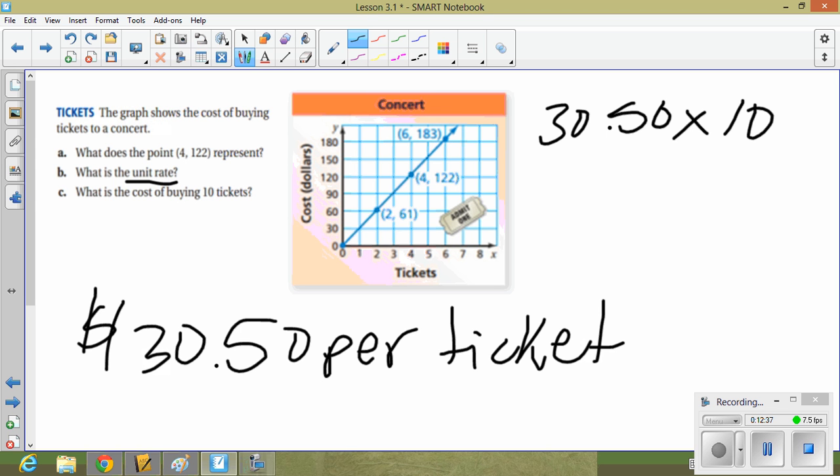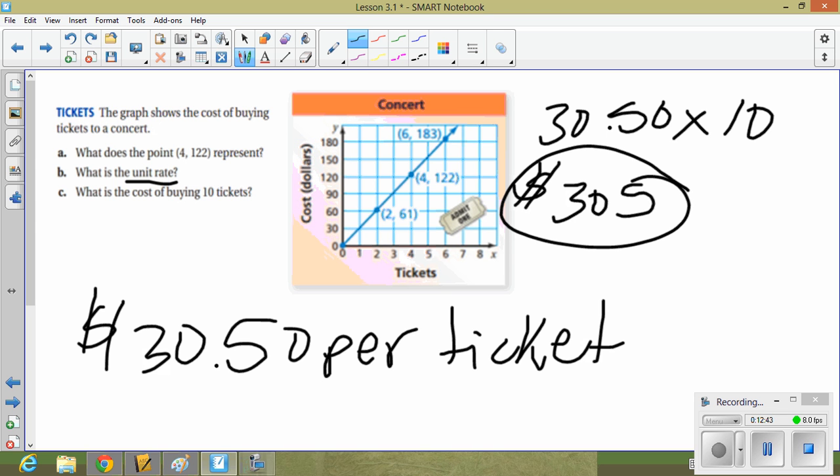And if you know your rule for multiplying by 10, the decimal is just going to move to the right once. So it's going to cost me $305. Or you can use your calculator and do 30.50 times 10. You get $305. So $305 for 10 tickets.